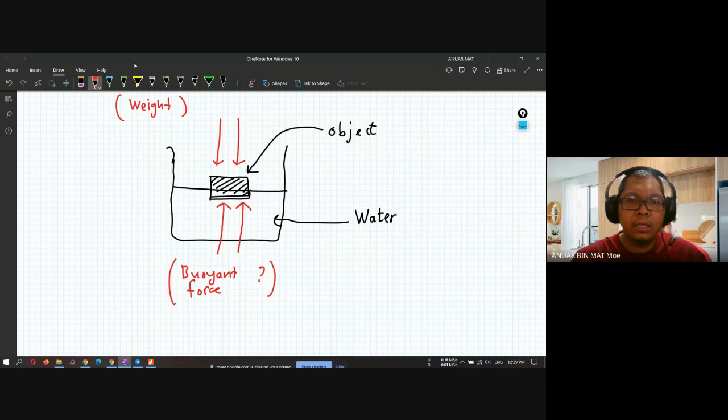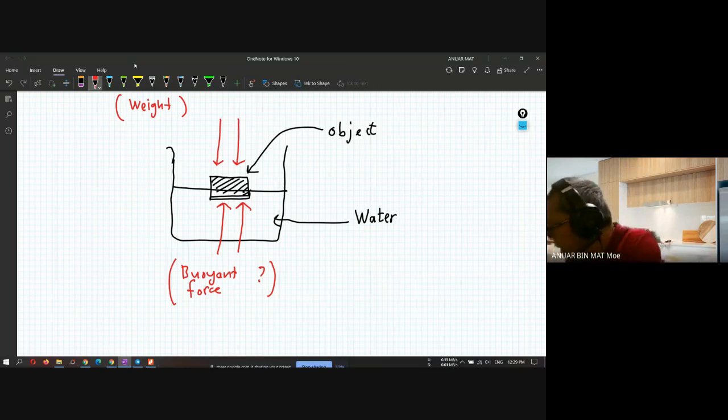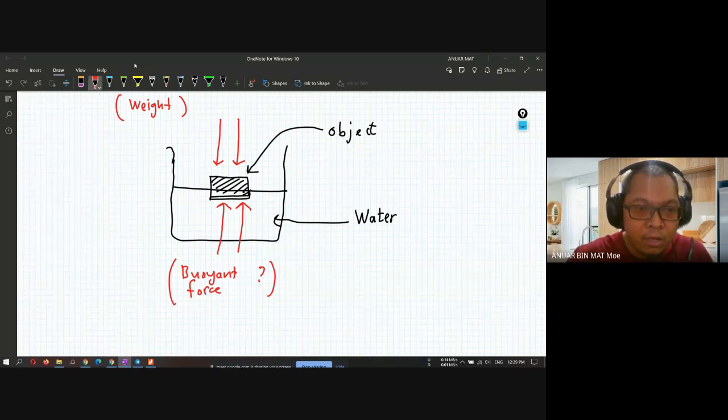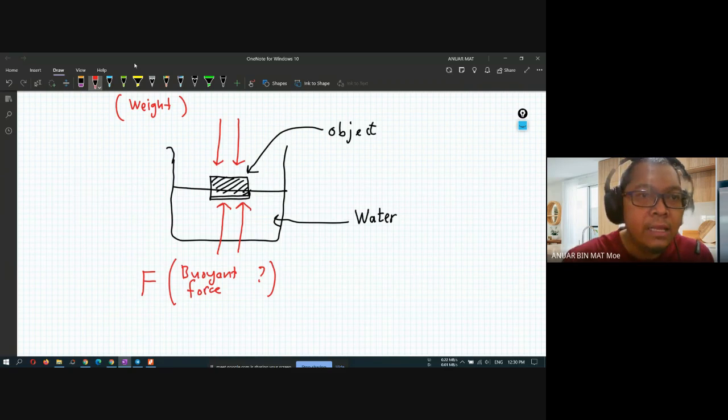So if you look at the textbook, this is the buoyant force. We write it as F, and this we write as W. So what is the formula?